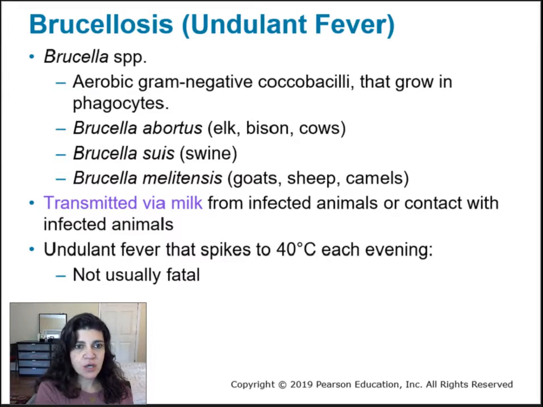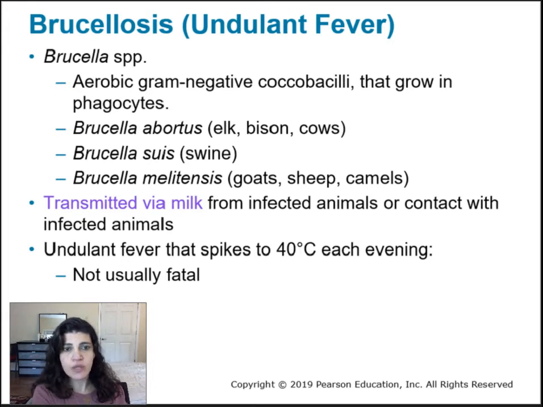Brucellosis. Brucellosis is also caused by gram-negative coccobacilli that grow in phagocytes. They grow in phagocytes because they are resistant to that digestion. This bacteria is transmitted via raw milk from infected animals or direct contact with the animals.